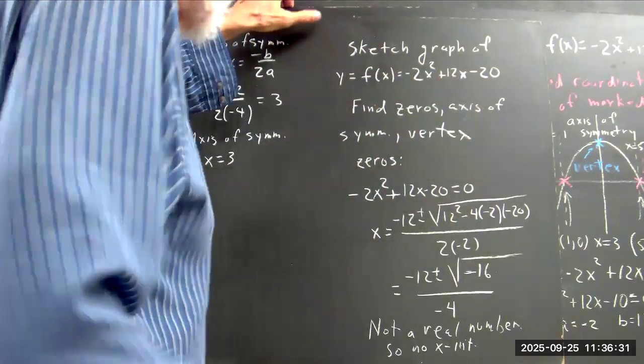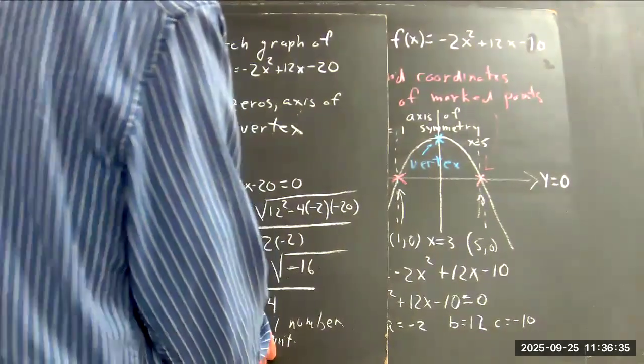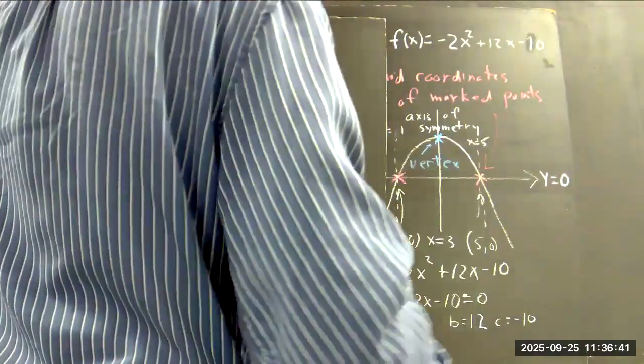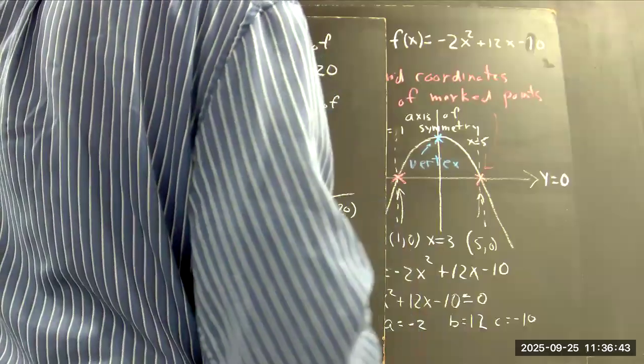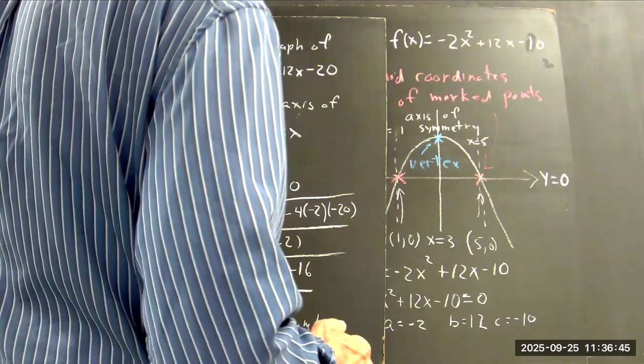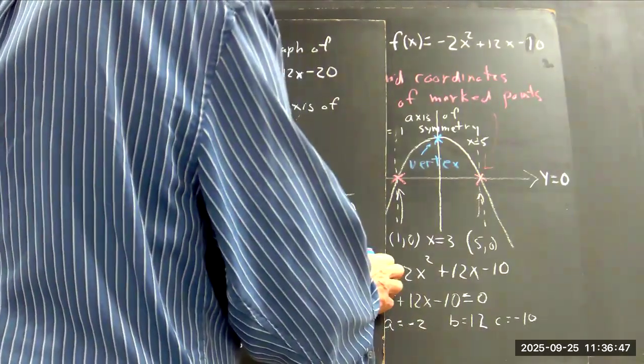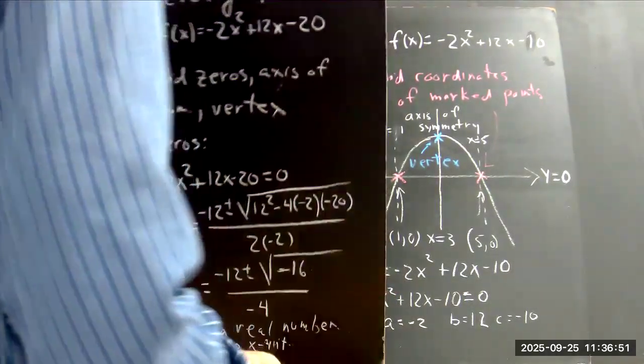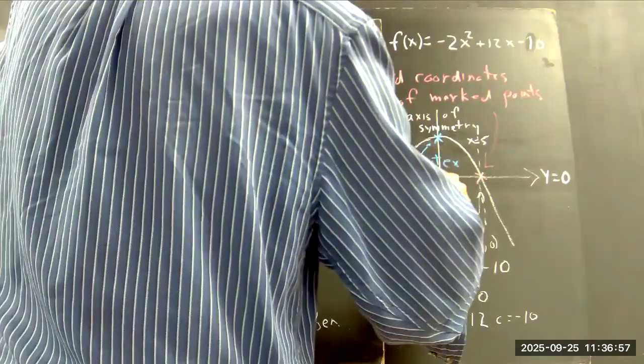So we're taking a quick look. I started with this function, and here's its graph. In the axis of symmetry, well, we've got the vertex. And when I calculated the vertex, I never put the coordinates in there.